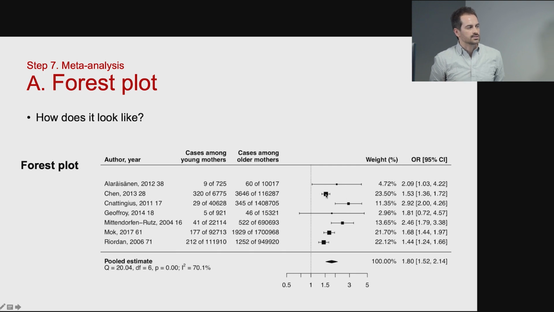And also the central point, the estimate for the studies, is larger here when the study has a lot of people, and it's smaller when the study has fewer people, and also has larger confidence intervals. So there is a relationship between the sample size and the precision of your estimate. If you have a larger sample size, you have more statistical power.